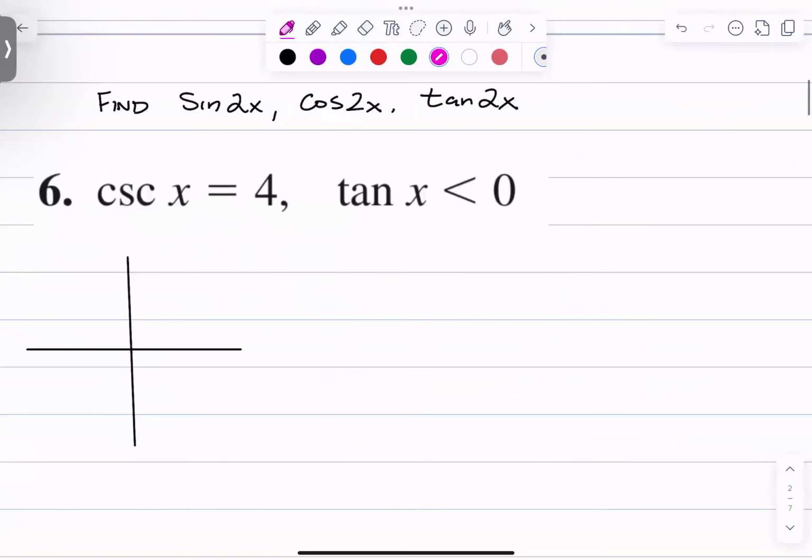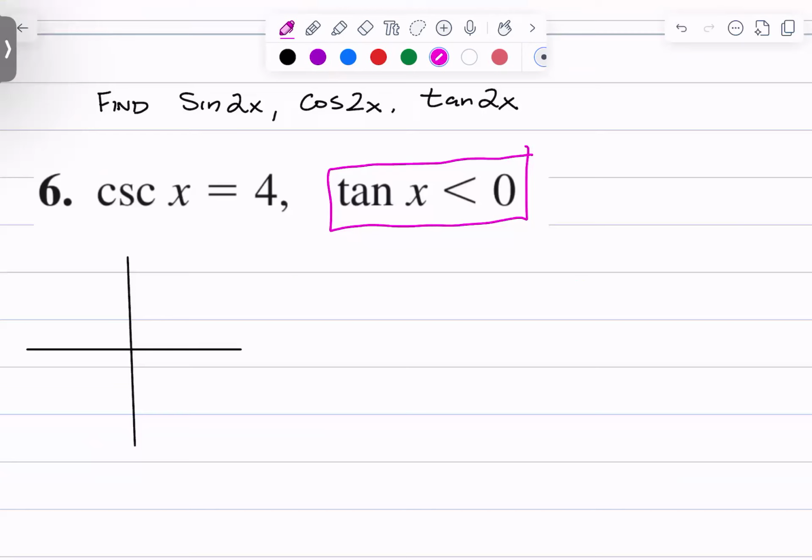Number 6, we're going to do the same thing, but we have a different triangle. Cosecant of x equals 4. So cosecant is positive, tangent is negative, right? Because it's less than 0. So if tangent is less than 0, what quadrant am I in? I am in the second quadrant or fourth quadrant.